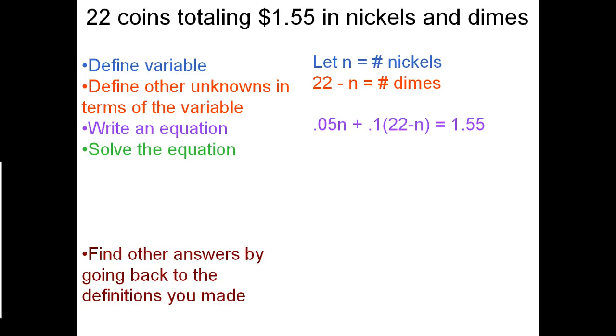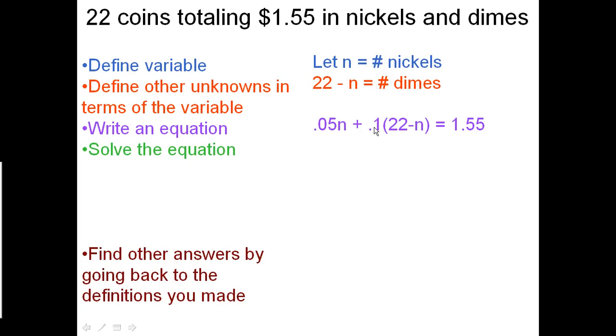If I have 10 nickels, I have 50 cents, right? Because 10 times $0.05 is equal to 0.50, or half of a dollar, or 50 cents. So I take the dollar value of one nickel times the number of nickels, and that tells me the dollar amount of all the nickels I have.